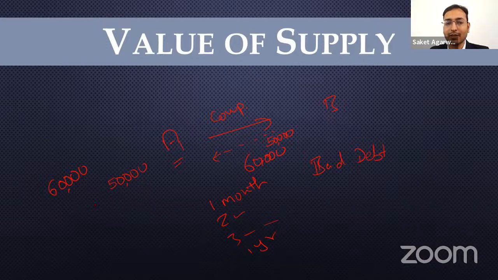What is A thinking? A is thinking, if my sale would have been for 50, at least the GST on the 10,000 rupees I would have saved, that has gone from my pocket. Presently GST has gone from my pocket on the entire 60,000 rupees, whereas I have received only 50,000.